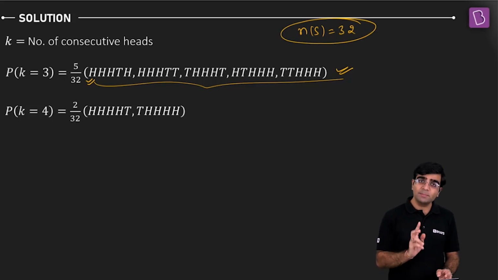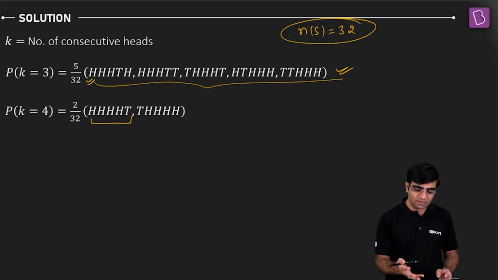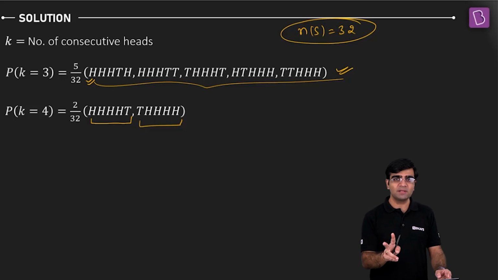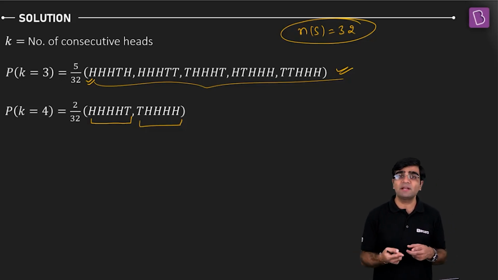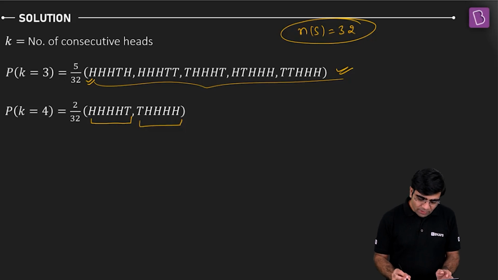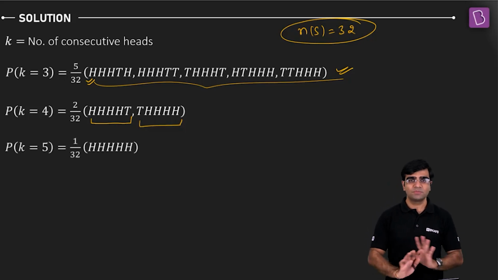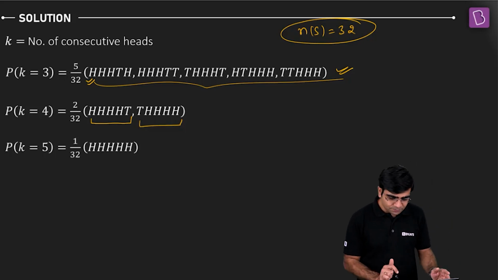Favorable ones are simply 2: either 4 consecutive heads and then a tail, or a tail in the initial position and then 4 consecutive heads. Only 2 possibilities. So the probability for getting 4 consecutive heads is 2 by 32. Perfect. For 5 heads, there is only one way, you get all heads, so the probability is 1 by 32. Sorted for everyone? Okay, lovely.